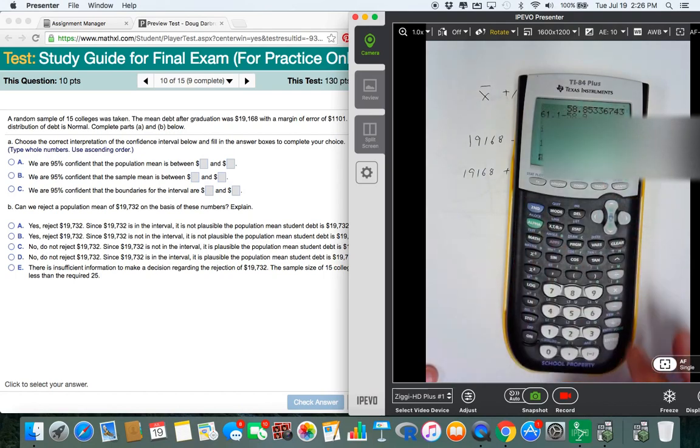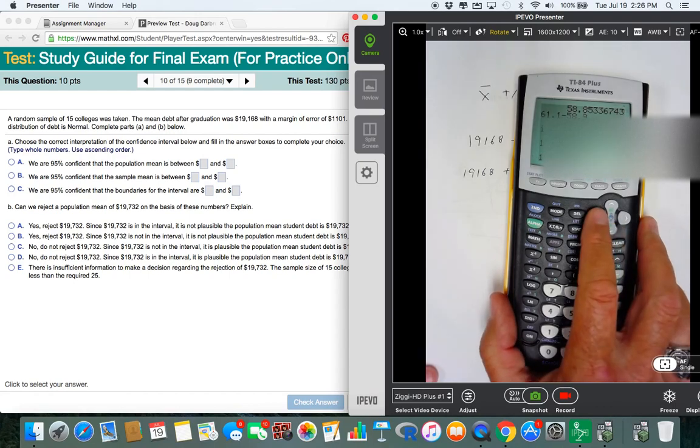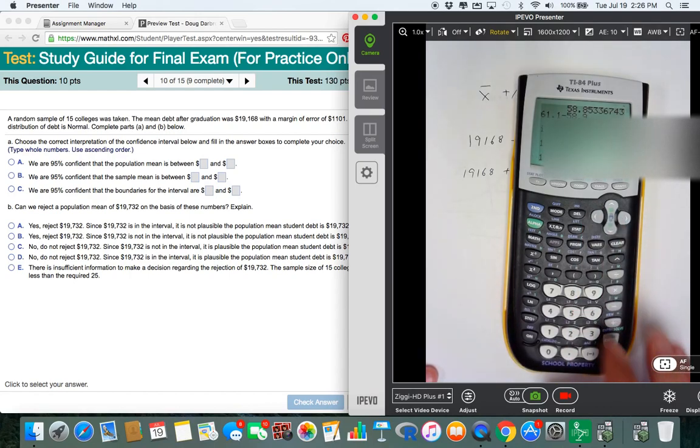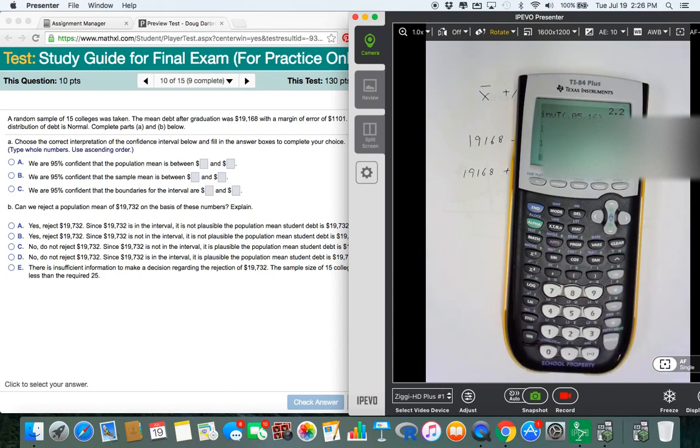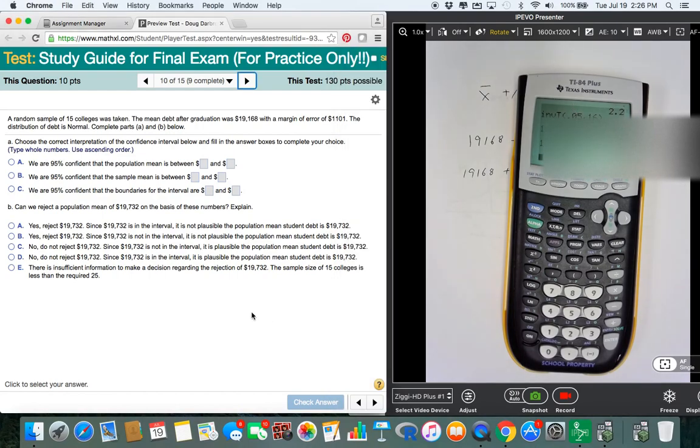All right, just do entry. The only thing I'm going to do is change that to a plus. So I'm at 18,067 to 20,269.